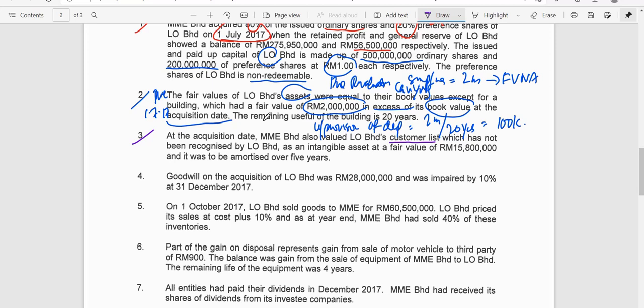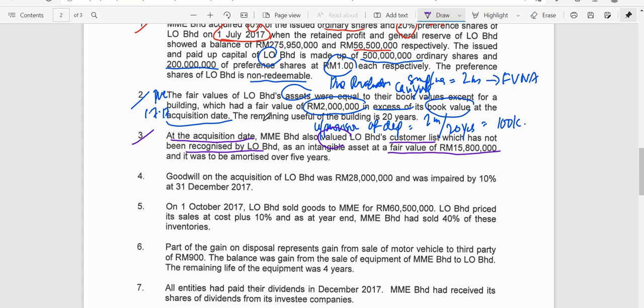However, on acquisition of a company, the parent company will value the customer's lease of the subsidiary, and now it has been recognized. It can be recognized because that was through the acquisition or through the purchase of the company. So that was recognized, a customer list now, and the fair value was 15.8 million.